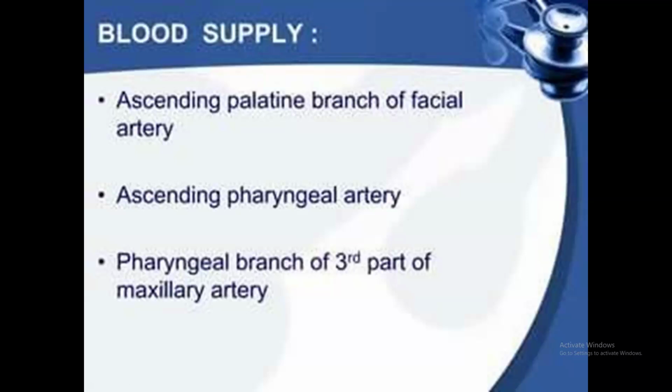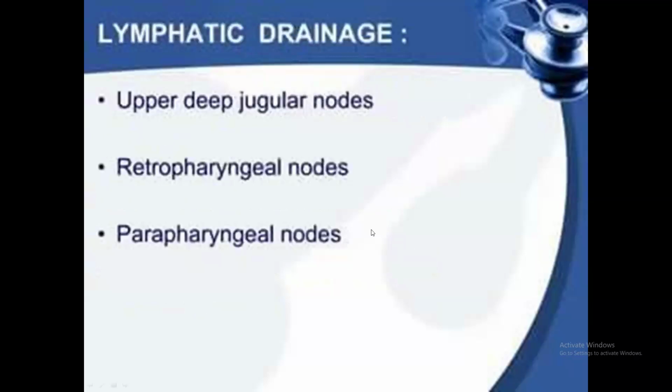Then lymphatic drainage is mainly through the upper deep jugular nodes, retropharyngeal nodes, and also parapharyngeal nodes.